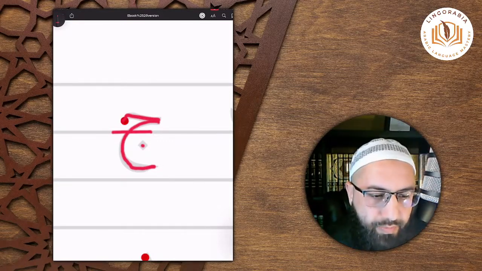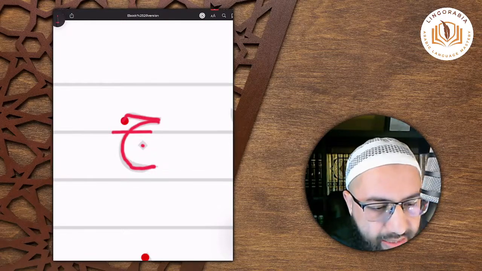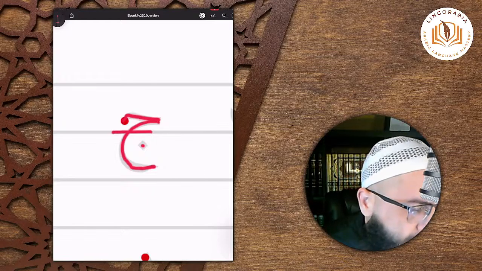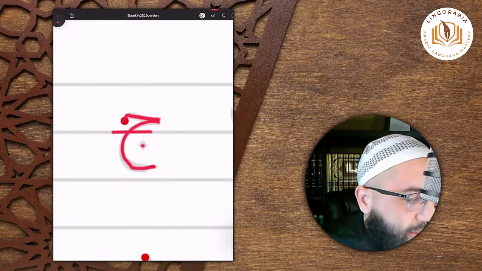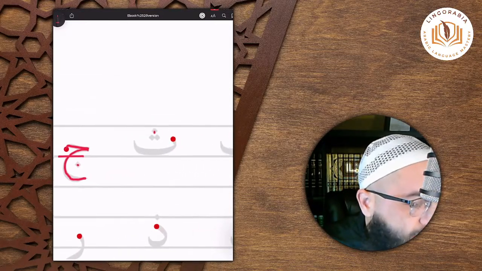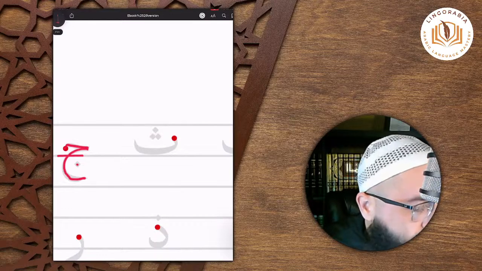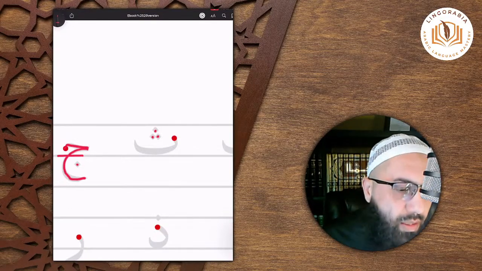Once you do the upper part, then you go to the bottom part and finish, then you place the dot. Kaz is asking, is there an order of writing the dots or does it not matter? I assume you mean the dots of the previous letter, the Tha. Generally you go 1, 2, 3. That's what I have seen most teachers do.